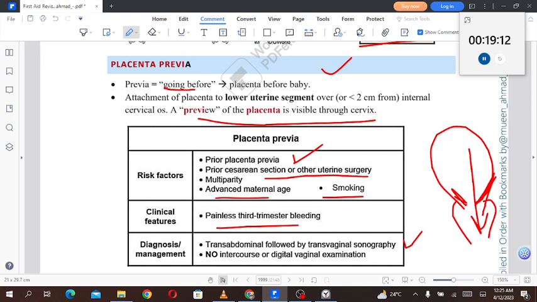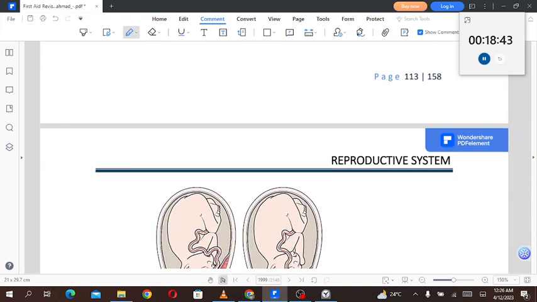If you do the transabdominal or transvaginal sonography and you see placenta previa, intercourse and digital vaginal examination are strictly contraindicated, because in both situations there can be damage to the placenta, and that can lead to hypovolemia in the mother because of bleeding, or fetal demise is also expected in the case of severe bleeding in placenta previa. These mothers are always supposed to have a cesarean section. Normal delivery is contraindicated in these conditions.